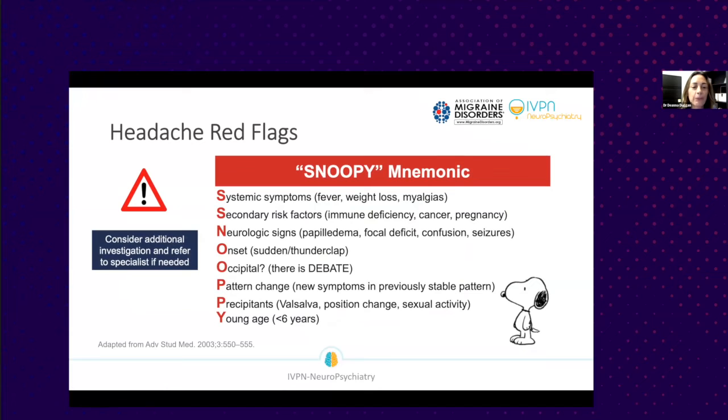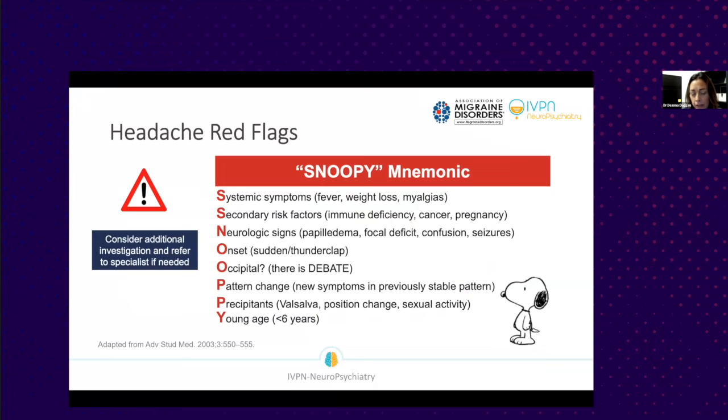Great. So with regard to red flags specific to children, this is a mnemonic that some of you may have come across in the past. We call it Snoopy, with regard to what findings would cause us concern to really investigate for underlying pathology that would then result in a secondary headache.